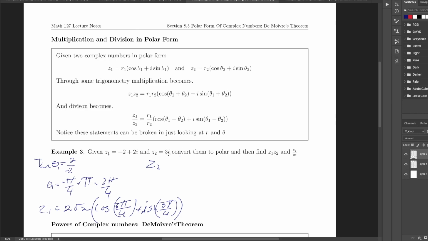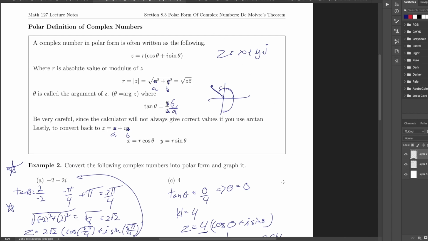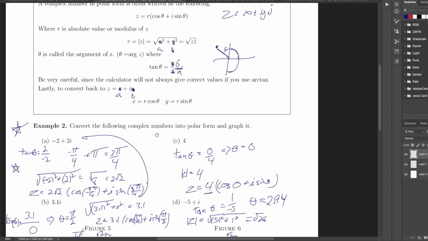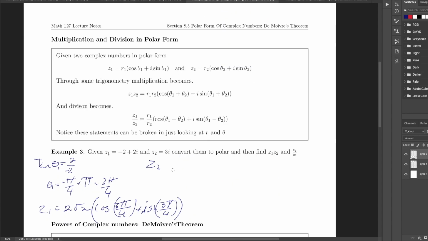Since this is in one direction, I think we did it already. We have 3i, same song, same dance, we're going to just get the same thing. So z2 is equal to 3 times cosine of pi over 2 plus i sine of pi over 2.